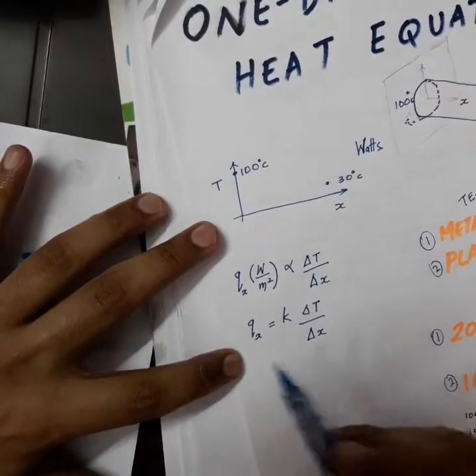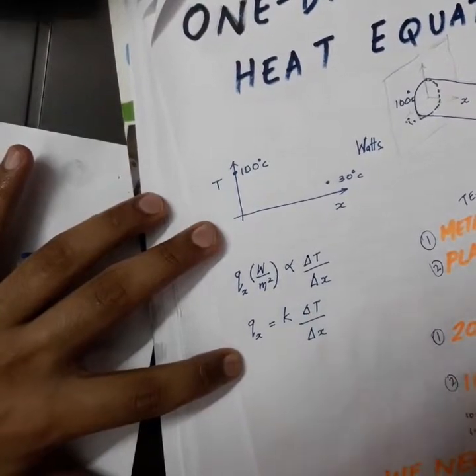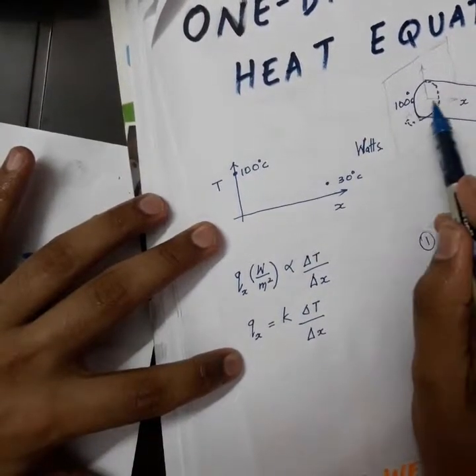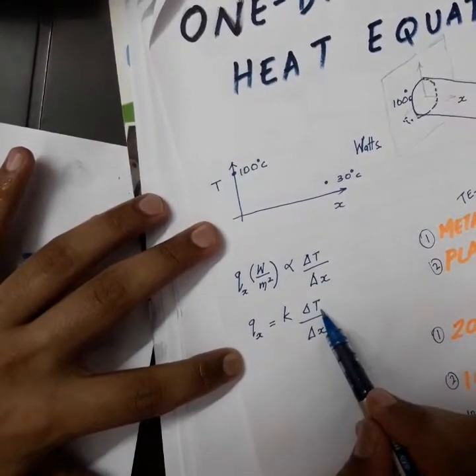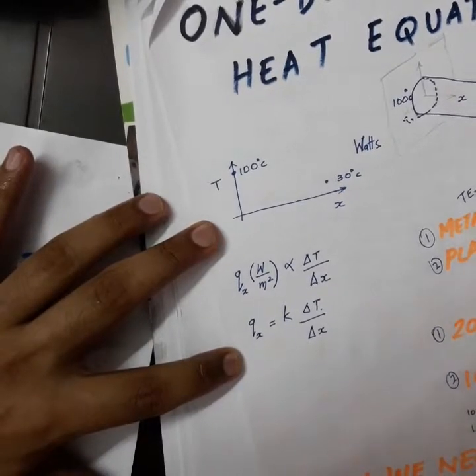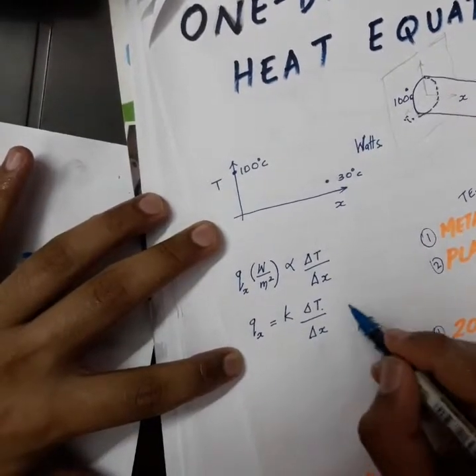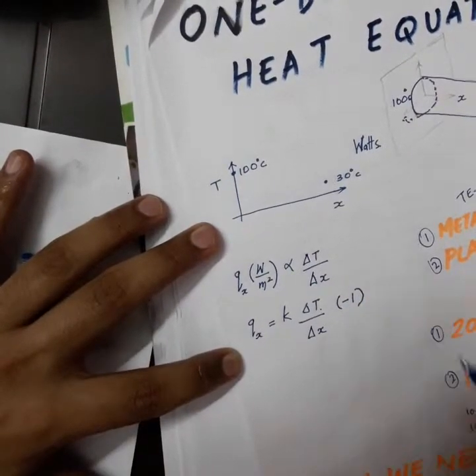One thing is, heat will flow in the direction of negative delta T, right? If delta T is positive in this direction, then the heat will flow in the opposite direction. So there has to be a negative sign here.